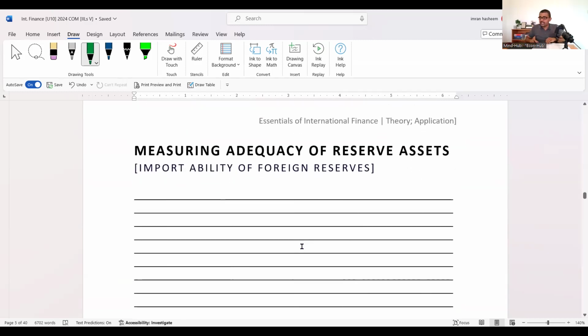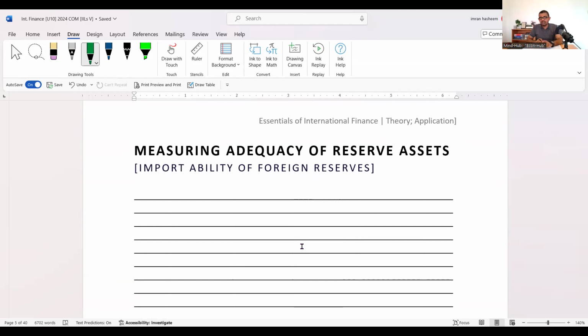Right. Measuring the adequacy of reserve assets. How do we know whether we have enough foreign reserves? How much is enough? Basically, we look at how many months of imports of goods, and maybe goods and services, we can pay using our foreign reserves.